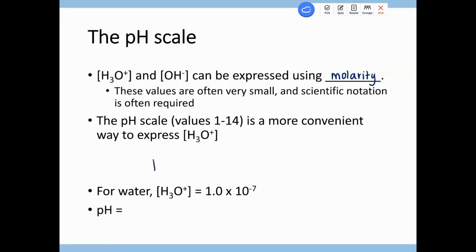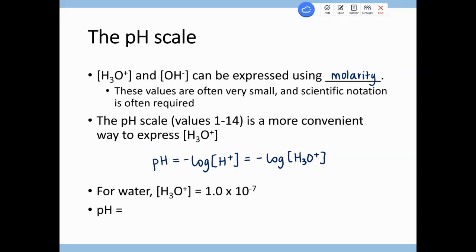So the equation for pH, make sure you have this down. We take the negative log of the concentration of H plus, or we can say negative log of the concentration of H3O plus, because H plus and H3O plus are interchangeable for us. So the log is a function in your calculator.